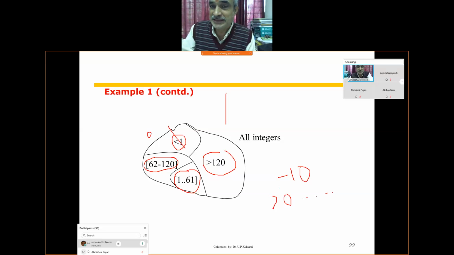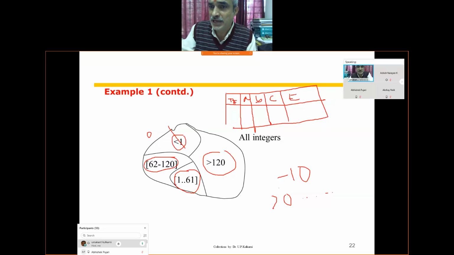And test cases are always represented in the form of a table. I told you, this is the heading, test case ID. Then all inputs, assume you are giving inputs A, B, C, all possible inputs. Then expected output, I'll write it here.